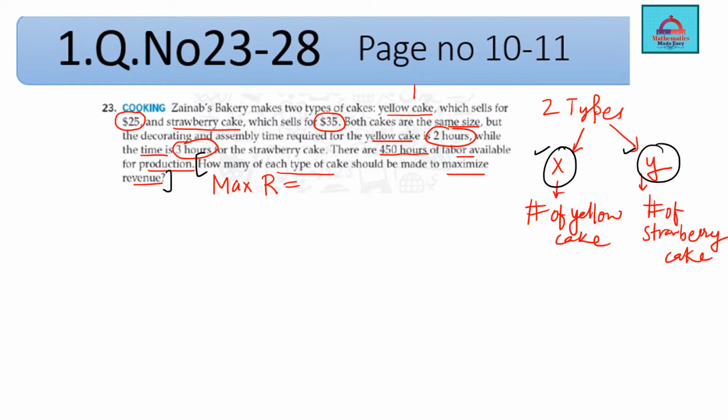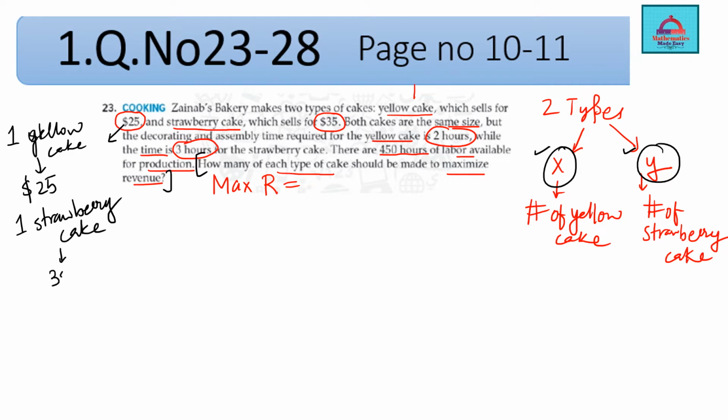We know the cost of one yellow cake is how much? $25. And for one strawberry cake, it is $35. So if for one yellow cake the cost is 25, then for x yellow cakes the cost would be 25 times x.